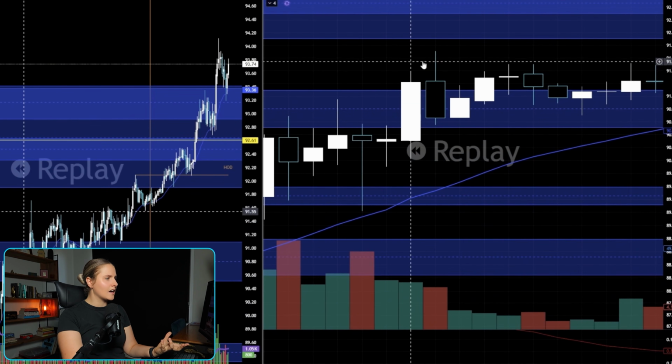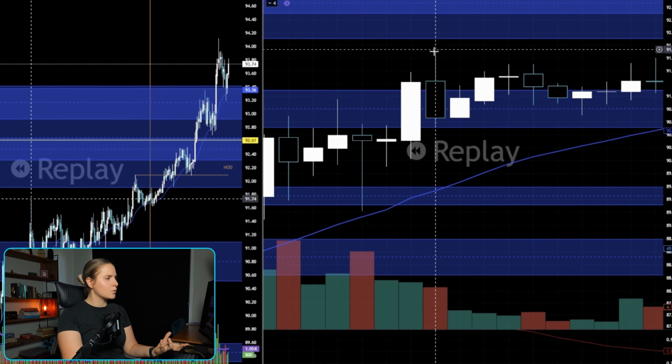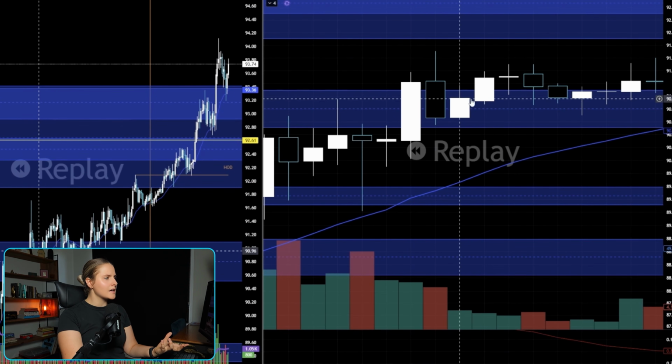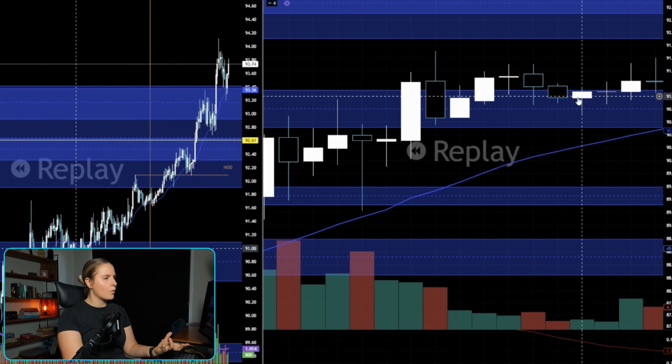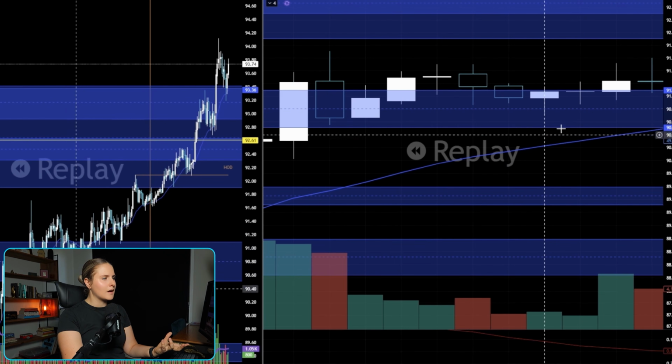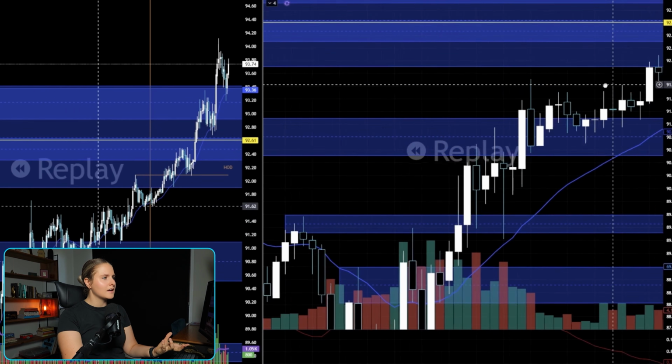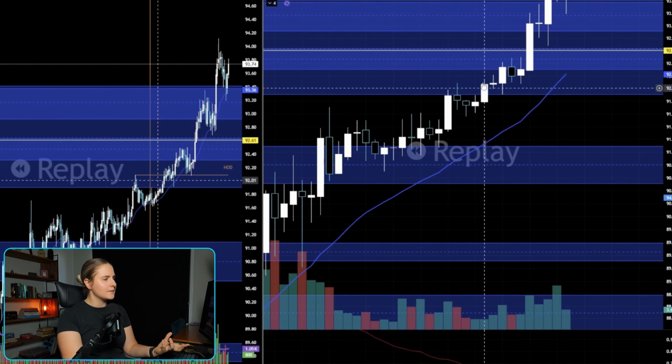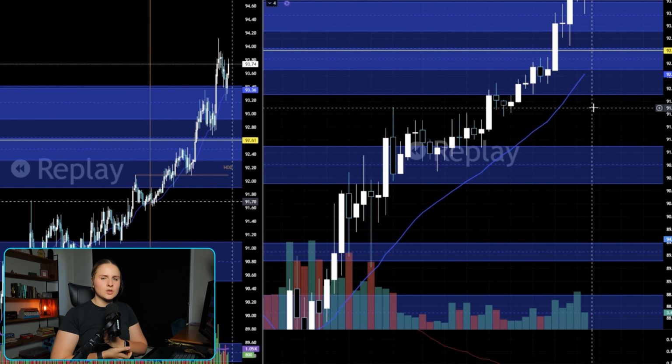Again, as you can see here, we come past this level, we retest it, but then price starts to continually hold above the 50% mark, which is here in my level, which also signals to me that it's long. And as you can see, it just gives you a bit more of an indication. What is price actually doing at that level? Is it continuously holding higher and holding on the top end of that level, whether it's resistance or support, or is it holding below?